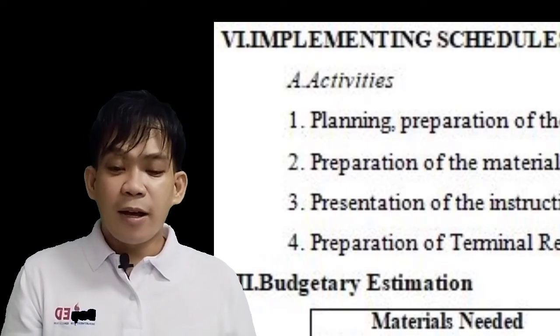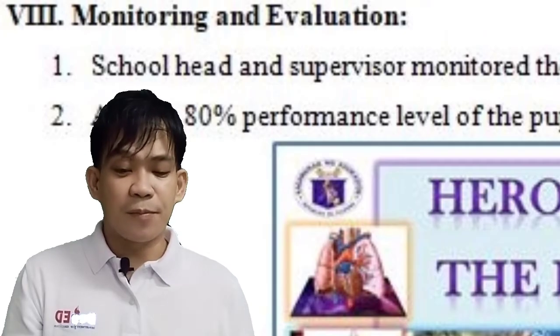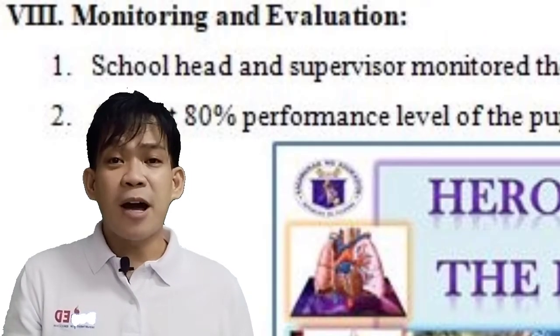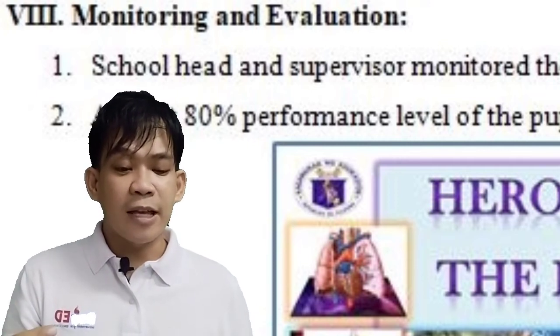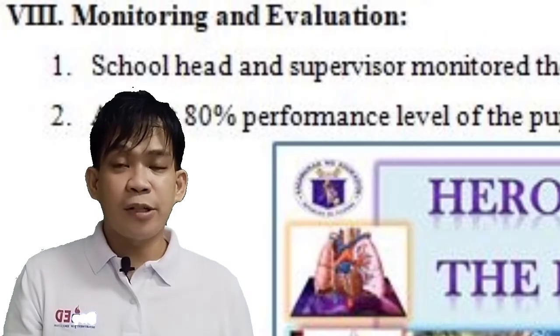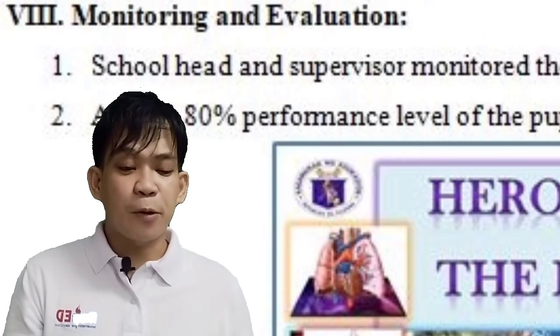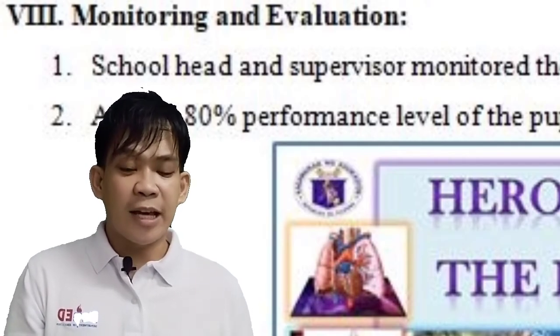Then for part number 8, monitoring and evaluation. So ilalagay nyo lang dyan, sino ba yung mag-monitor? Paano ba ang mangyayaring evaluation? So ako nakalagay dyan, number 1, the school head and supervisor monitor the activity. Number 2, at least 80% performance level of the pupils during the evaluation. So ilalagay nyo lang dyan.